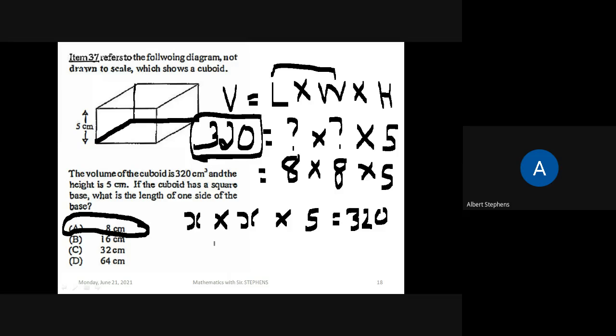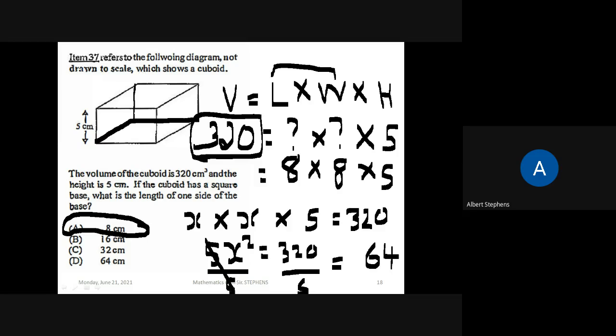What's x squared times 5? 5x squared. So 5x squared is equal to 320. So then we divide everything by 5. What's 320 divided by 5? It has to be 64. Check it.